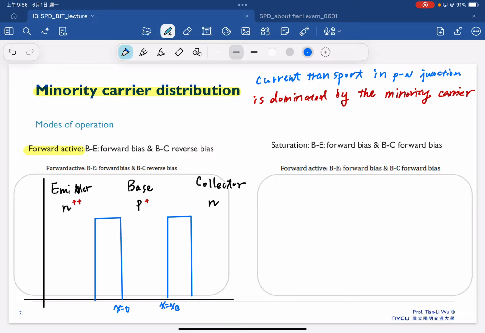We also have x prime equal to 0, and the width of the emitter is x prime equal to xe. Similarly, for the collector we have x double prime equal to 0 up to x double prime equal to xc.